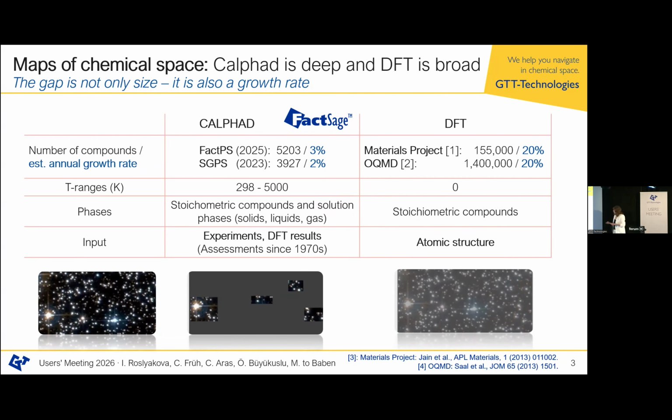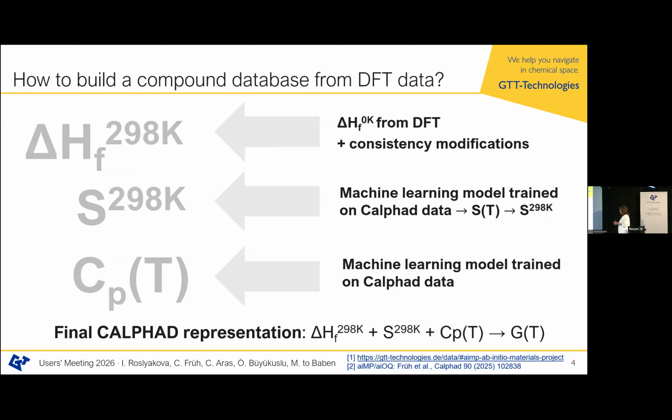So let's see how it's combined in aiMP and aiOQ together. In order to build the thermodynamic description based on the data provided by DFT calculations, the first thing we need to do is correct the enthalpies of formation, because experimentally we usually have them at room temperature.